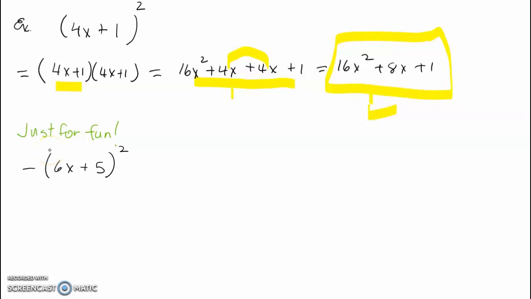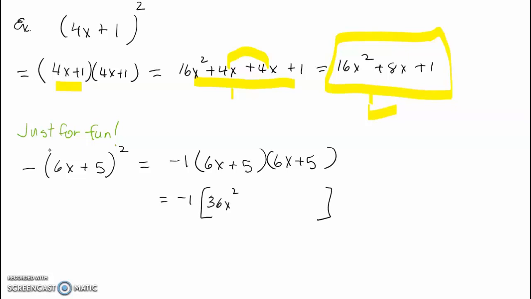All right, so what does this problem mean? Well, it means that there's a negative on the outside, which means negative 1 times the square of a binomial, which means 6x plus 5 times itself, 6x plus 5. And we wind up with negative 1 now times 36x squared plus 30x plus 30x plus 25.